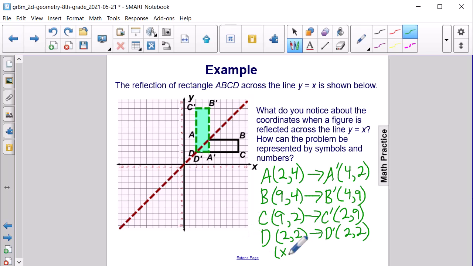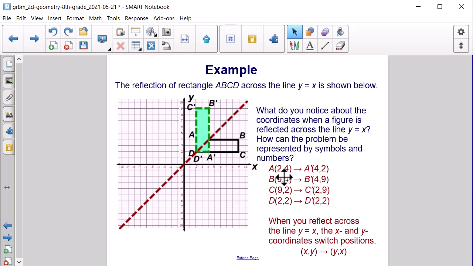Well, if we start with our original coordinates x, y, didn't they switch positions? Like the y became the x and the x became the y? Yes, they did. I went from 9, 4 to 4, 9, so I wrote it as y, comma, x. No signs changed or anything like that, just the numbers switched positions.